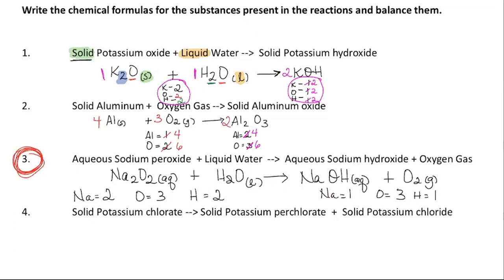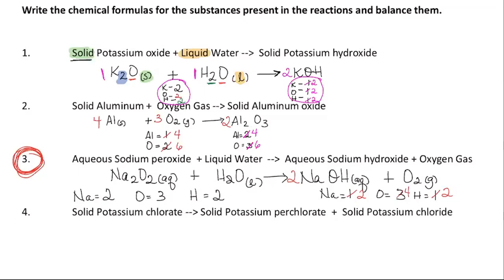The compound in the product that has the sodium and the hydrogen is sodium hydroxide. So at first you can propose to put a 2 right here. When you do that, that's going to take your sodiums to 2, your hydrogens to 2, but then my oxygens went to 4. Okay?